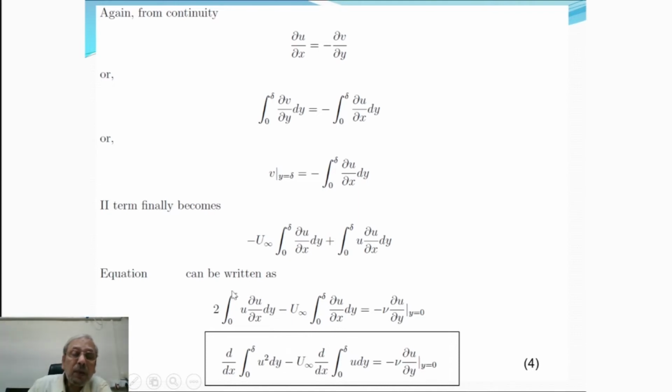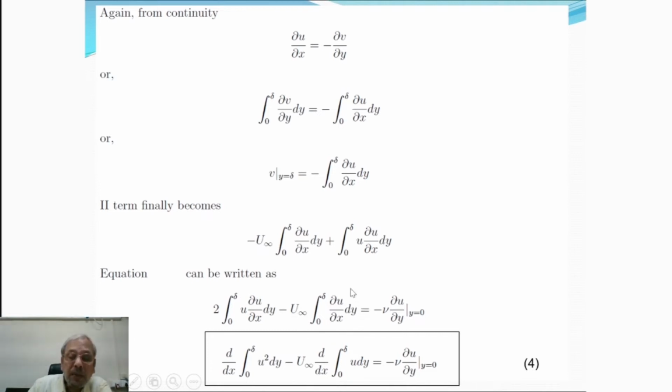So basically we apply Leibniz rule to evaluate differentiation under the sign of integration. So twice the integral 0 to delta u ∂u/∂x dy, we can write as d/dx, and this is no longer a partial derivative, this is an ordinary derivative, of the integral 0 to delta u square dy.